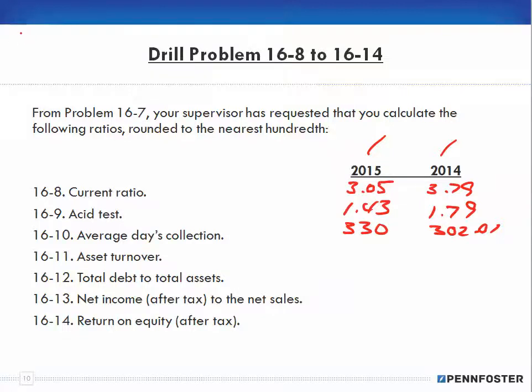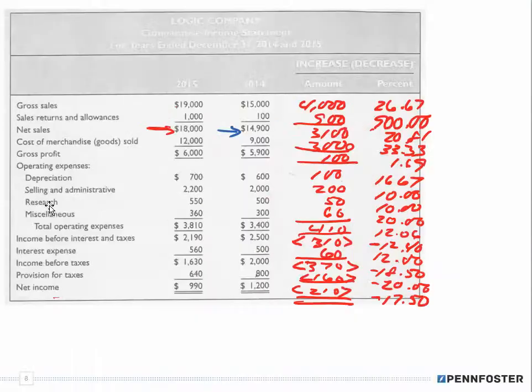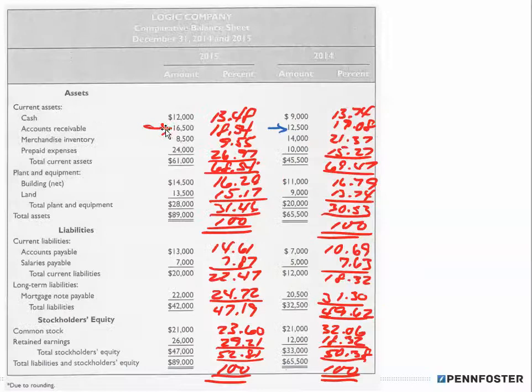And the asset turnover is our net sales over our total assets. And so net sales is on our income statement. Net sales of 18,000, and our total assets on our balance sheet is 89,000.